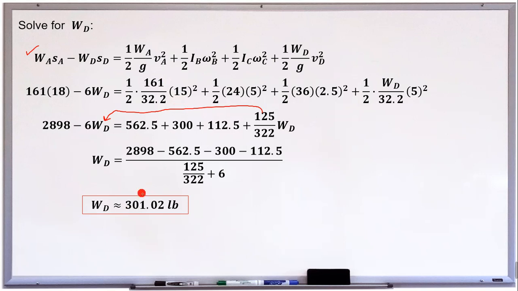It's because if you refer to our work energy equation, the weight of our block D reduces the available work on the system. It does a negative work. So it's a retarding work of our multi-body system.